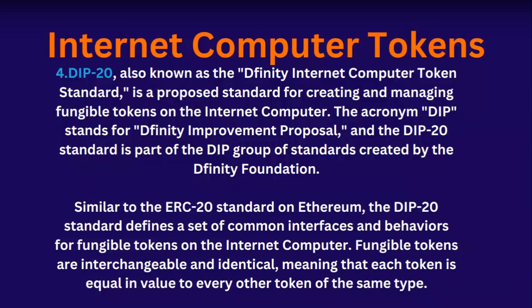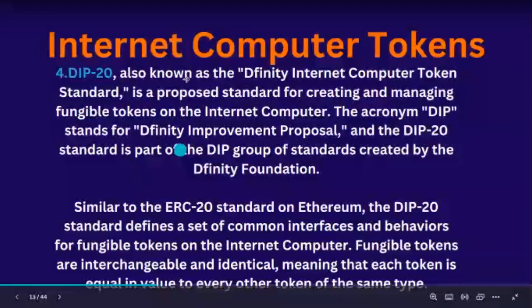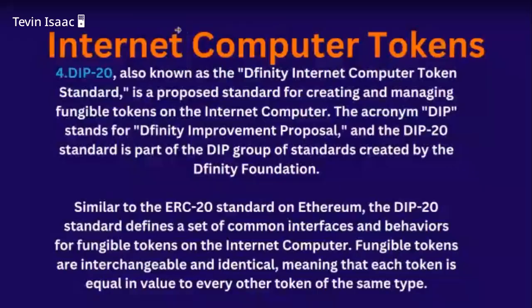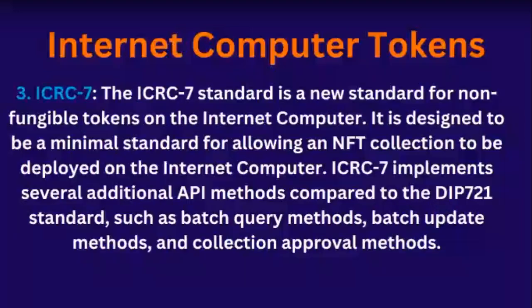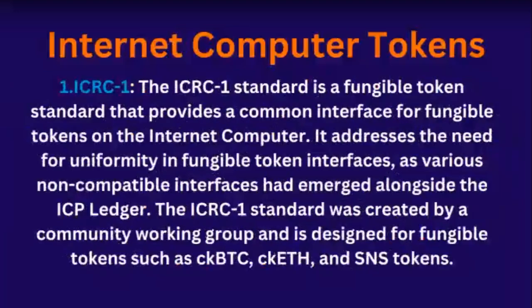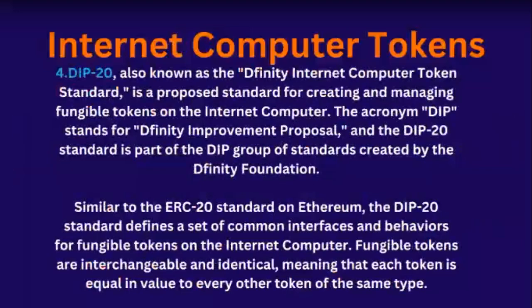So the Dfinity team came up with their own token standard, DIP20, the Dfinity Improvement Proposal 20 token standard, which is the same as the ERC20 token standard. It's also the same as ICRC1 and ICRC2. They are equally the same. The only difference is that ICRC1 was done by the Internet Computer team, and DIP20 was done by the Dfinity team.